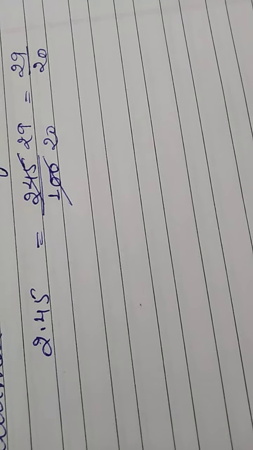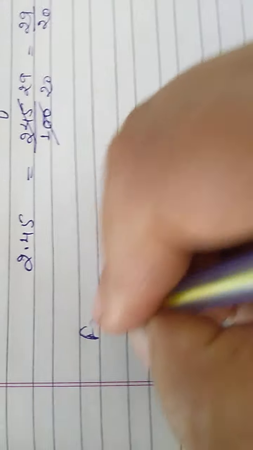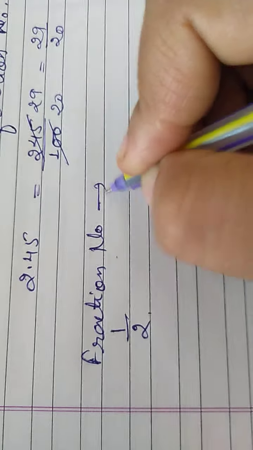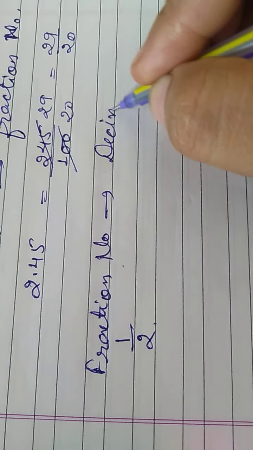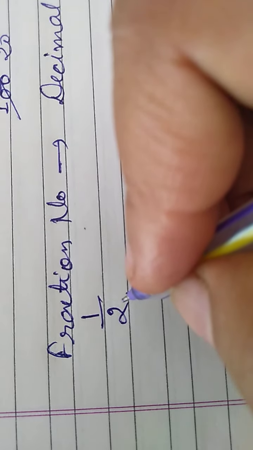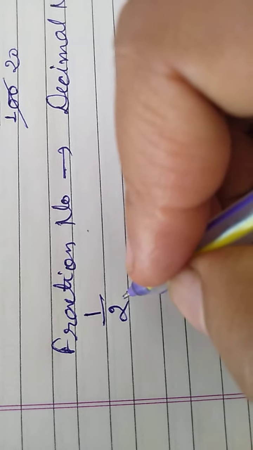Now how can we convert a fraction number into a decimal number? Suppose the fraction is 1 upon 2. We will try to convert the denominator into a multiple of 10.